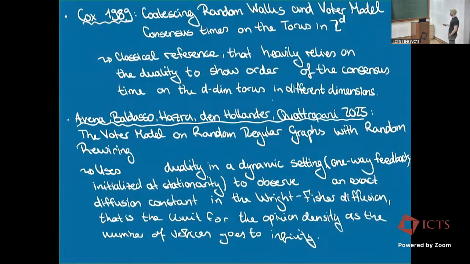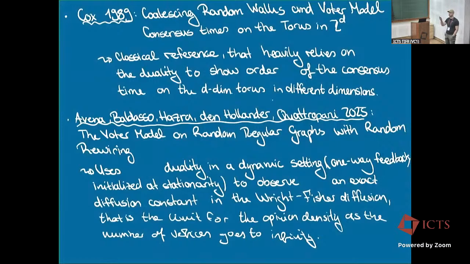And then something that is maybe more towards what our group wants to do is a paper that recently came out by Luca Avena, Baldasso, Hazra, den Hollander, and Quattropani, which is the voter model on random regular graphs with random rewiring. So they also have a rewiring dynamic, but it's in a one-way feedback sense.